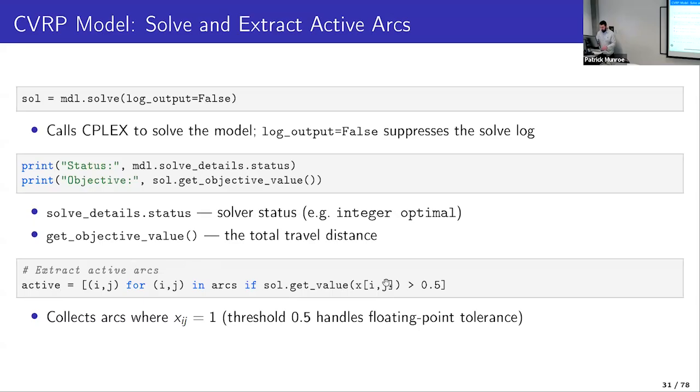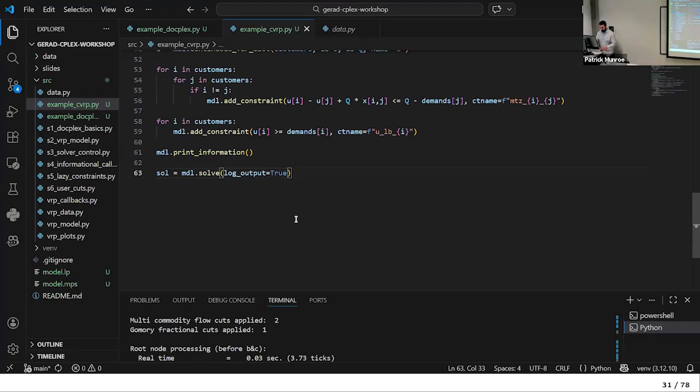So let's write this line of code here to get a list of the active arcs. So we want to have (i, j) for (i, j) in arcs if sol.get_value(x_ij) is bigger than 0.5.